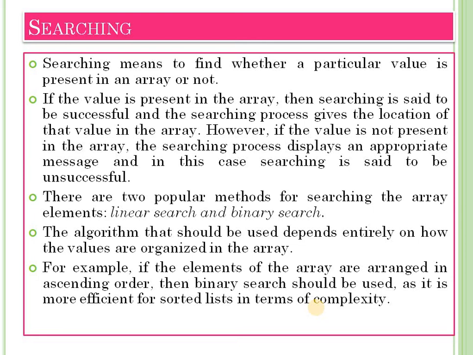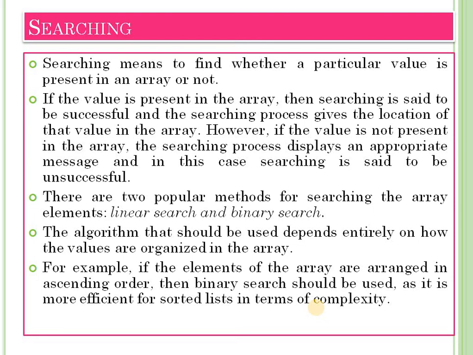Or if the middle element is not our target element, then we compare whether the element is less than that middle or greater than middle. If it is less than middle, then we check this particular target on the left side. If that element is greater than the middle element, then we check the right side. This is binary search.